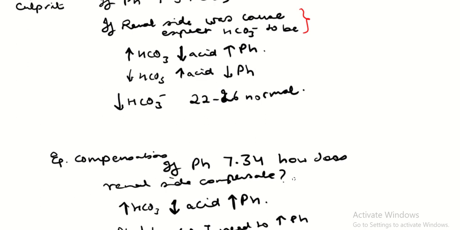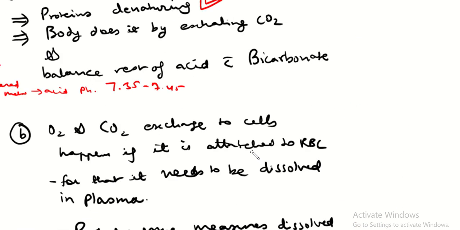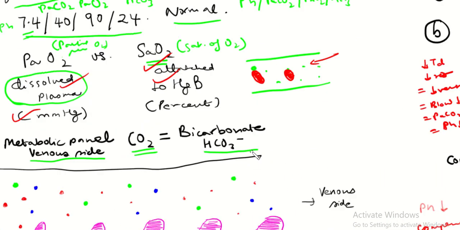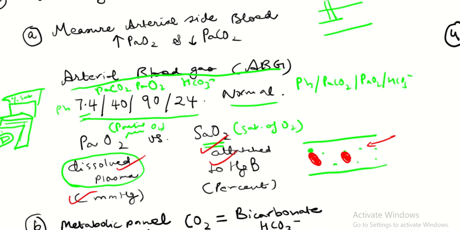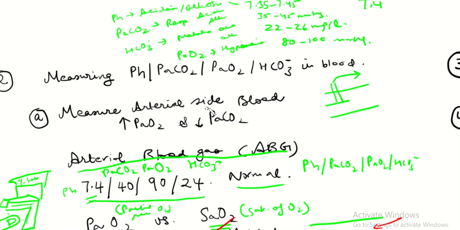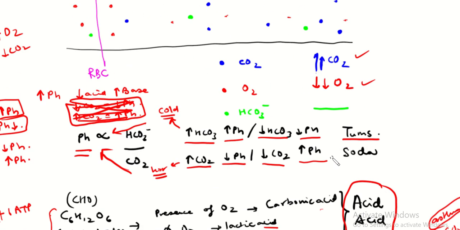Now this is a little on the confusing side, so I wouldn't be surprised if you need to listen to this video again, but let's do a quick recap. Okay? So in this video, what did we talk about? We talked about how we measure different values: pH, PaCO2, PO2, and bicarb. Okay, we looked at how it works in the blood.